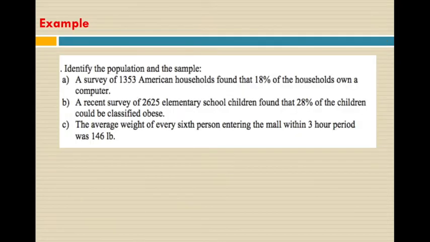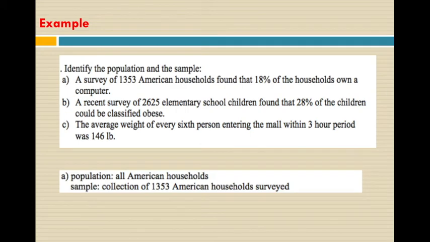Take a look at these three cases, A, B, C. In each case, you are to decide which one is the population and which one is the sample. Okay, let's see the answer. For A, the population is all American households, and the sample is more specific, which is the collection of 1,353 American households surveyed.